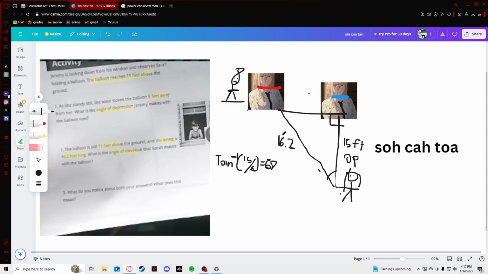And we would know that it doesn't go over here because before it already stated that this was 6 feet away. It would have said something like, oh, it moved, but no, it just says the string is 16 feet long. What is the angle of elevation, which puts the angle that we're using over here. Let's just put this as x, that Sarah makes with the balloon. So this is little Sarah over here with her curly hair and her 2 powers.